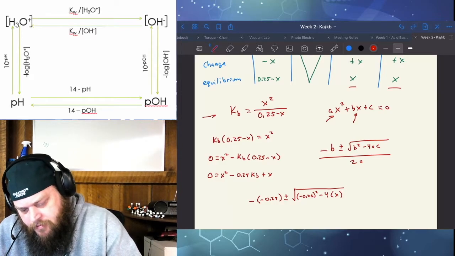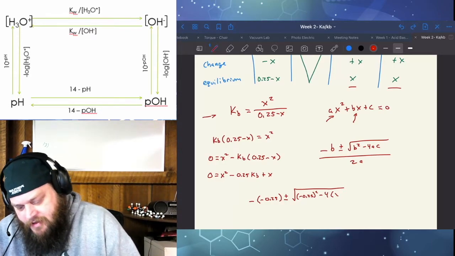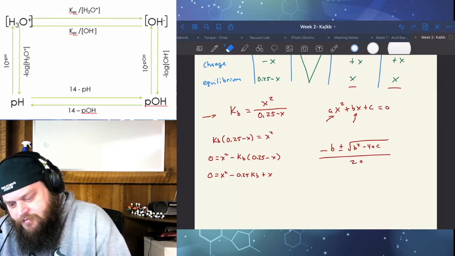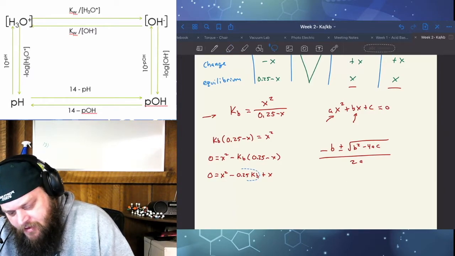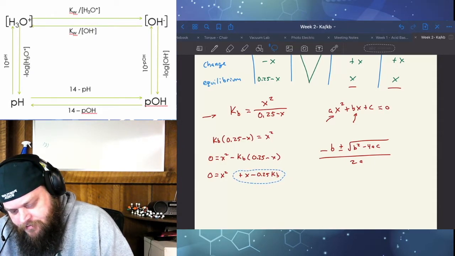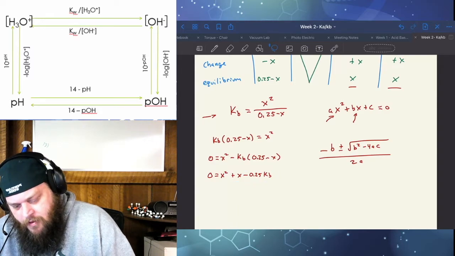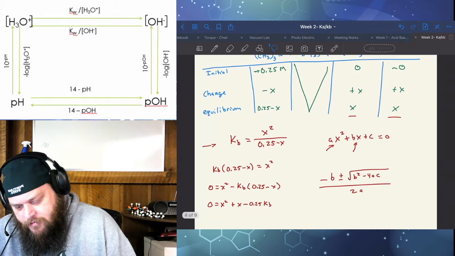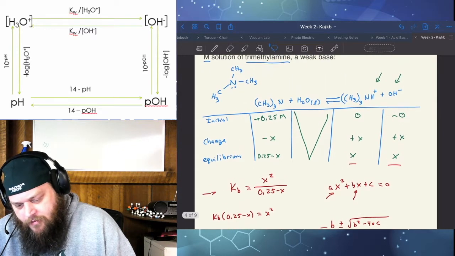Oh, C is, I'm sorry, I'm doing this wrong. I forgot. This value here is really over here. A little rearrangement. KB is really what we're looking for there.